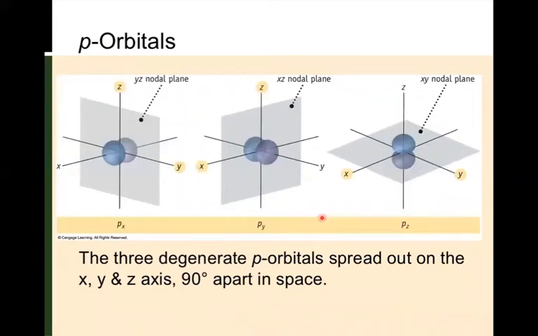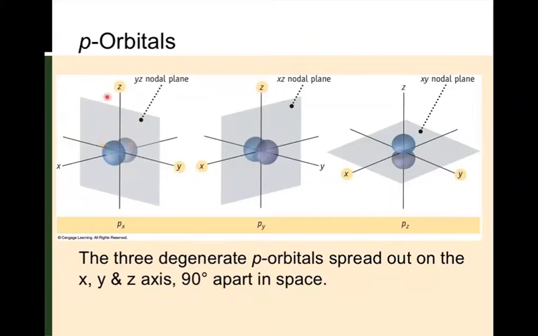P orbitals then, this is the idea of 2 beach balls squished together. They're 2 spheres either side of the axis, which is where the node is, but they're not exactly spheres; they're squished up a little bit. So these have nodal planes.